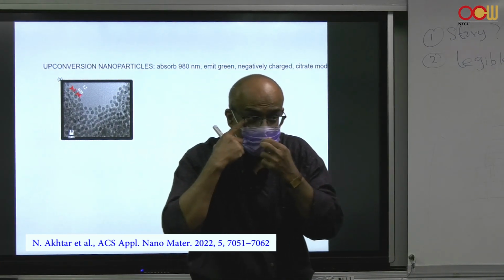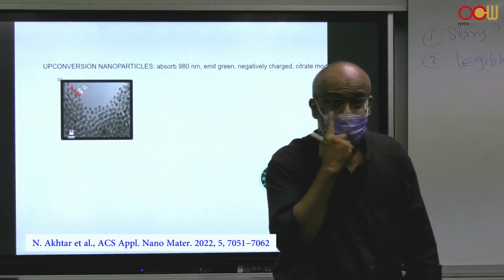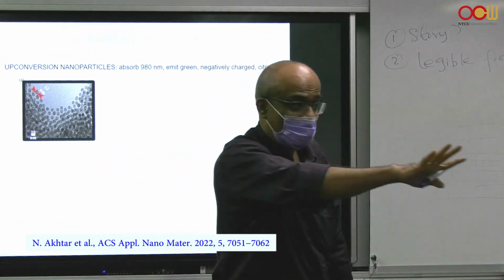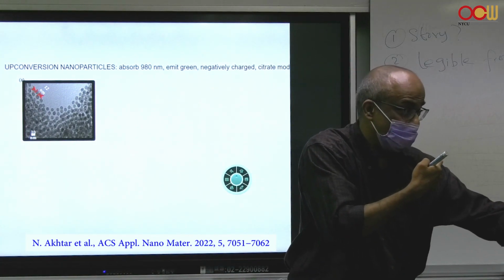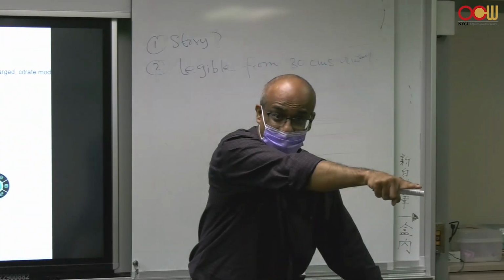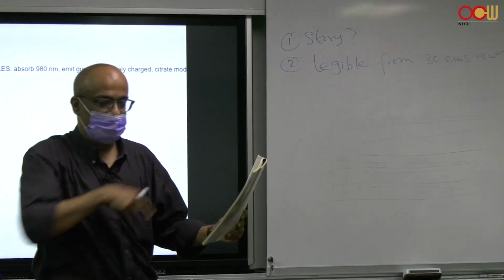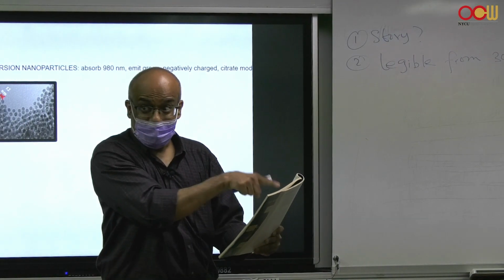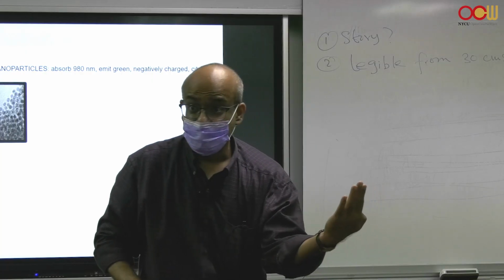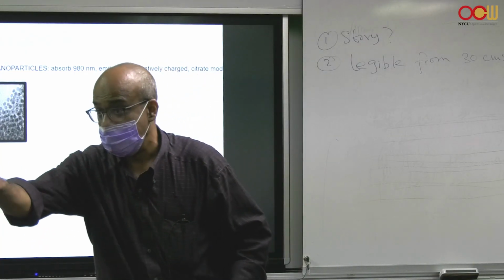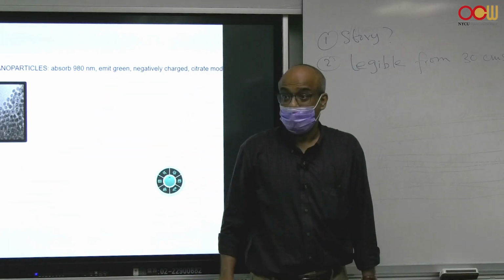Our normal vision is 30 centimeter, not my eye. My eye is very bad. Anybody's eye, normal, should be 30 centimeter. So take any figure, 30 centimeter away, approximately 1 foot, and see if you can read everything in the figure. If you can read, then your figure is good. If you cannot, then you have to change.